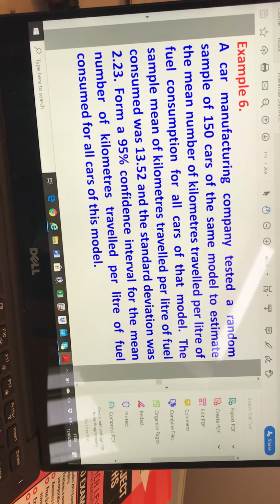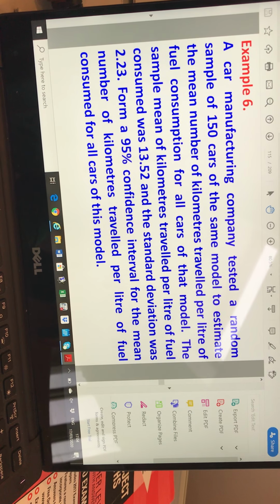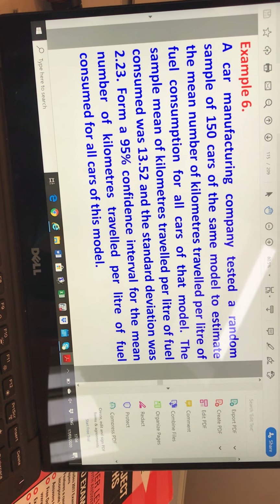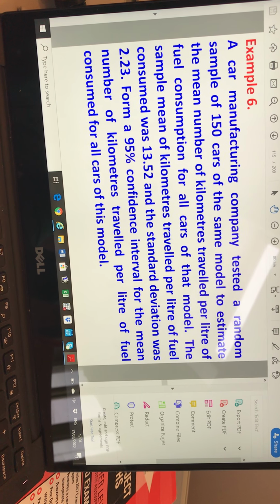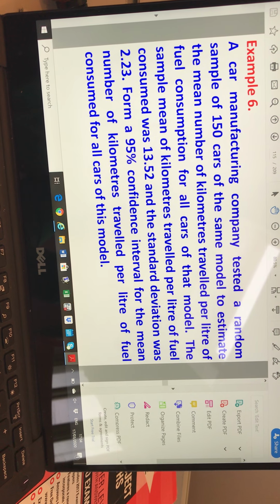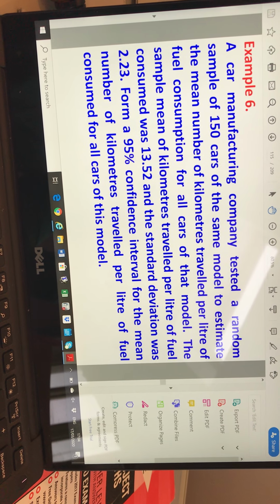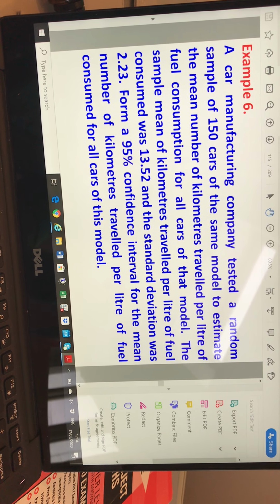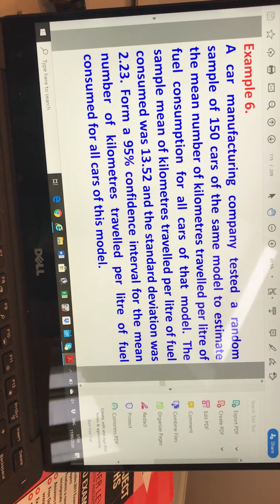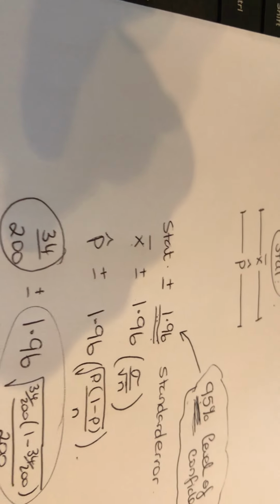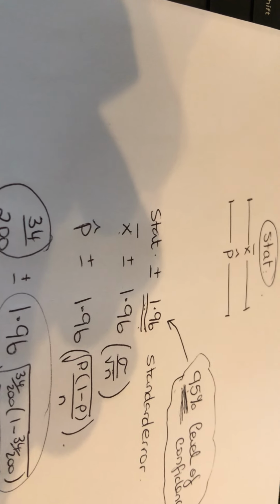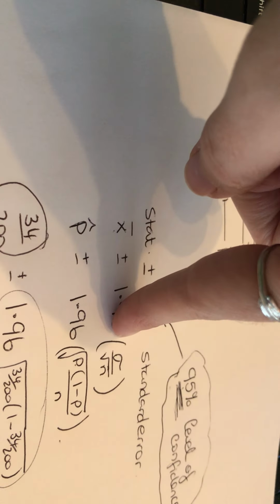Well, when the question is generating numerical data, like how many kilometres were travelled per litre of fuel consumed, I'm going to do x bar plus or minus 1.96 times my standard error of means.